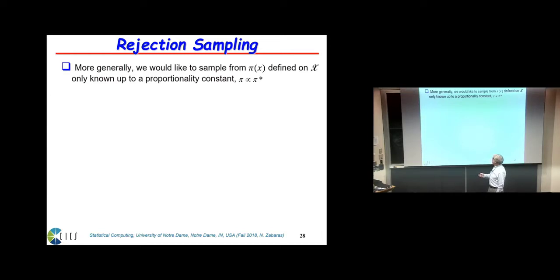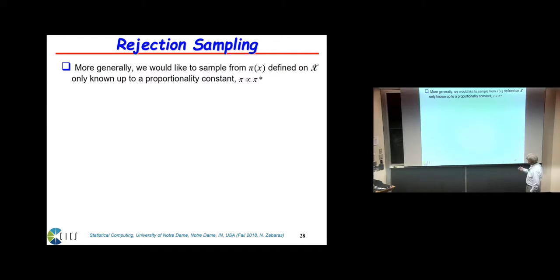Rejection sampling, the way I present it, is not something you're actually going to use in your research, but it is important to cover because it introduces concepts that are fundamental to many more important methods. If we don't cover it, you'll be wondering what is this, and where is it coming from? Lots of ideas are coming from here.